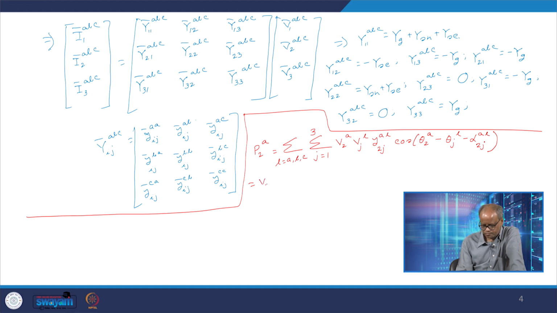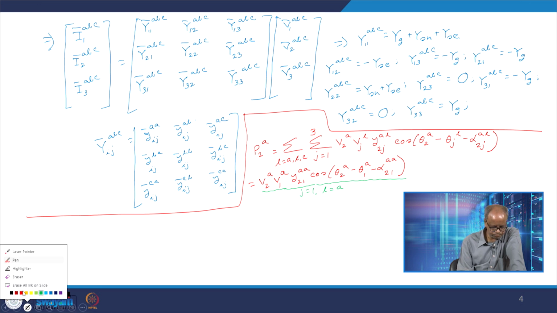So the first is V2A, j is equal to 1, V1A, then Y21AA, then cosine theta 2A minus theta 1A minus alpha 21AA, right? This is the case j is equal to 1, L is equal to A.